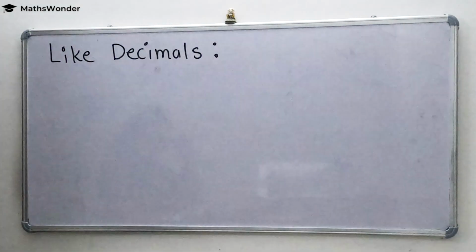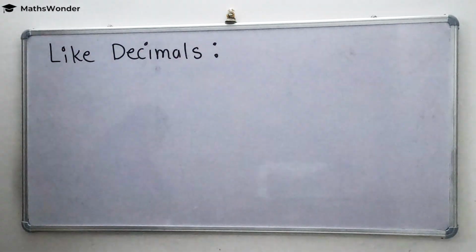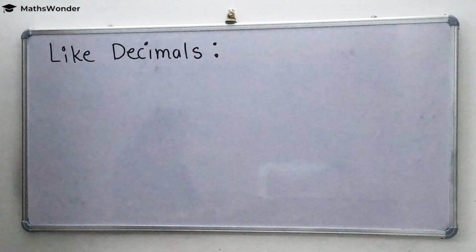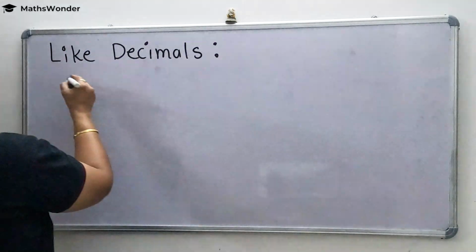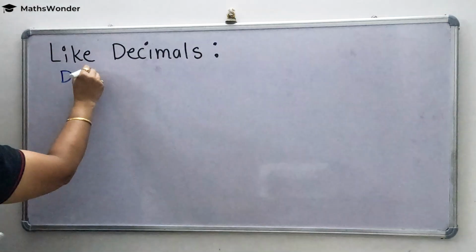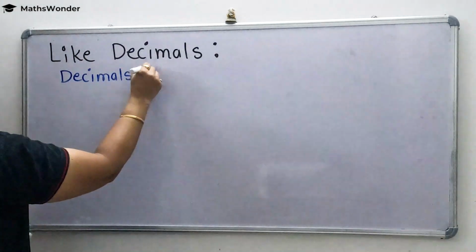So what are like decimals? Like decimals have an equal number of decimal places. We learned what the decimal part is. Write down first: whole part and decimal part.